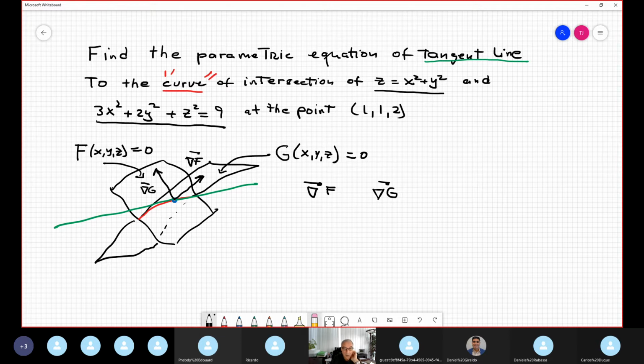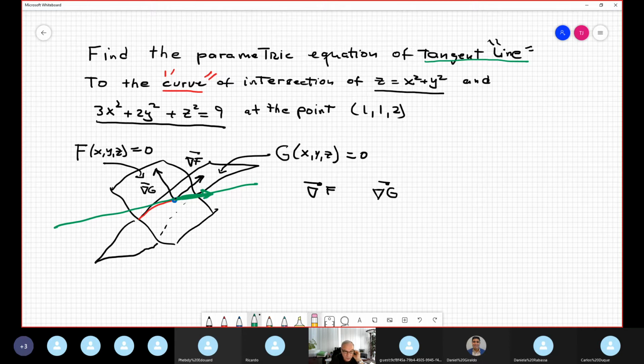Okay, and remember, our goal is to find the tangent line. So our goal is to find the line, and for the line we need a direction vector. The direction vector is perpendicular to both gradients. So what's the idea?